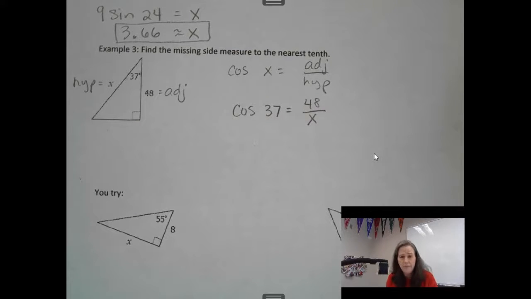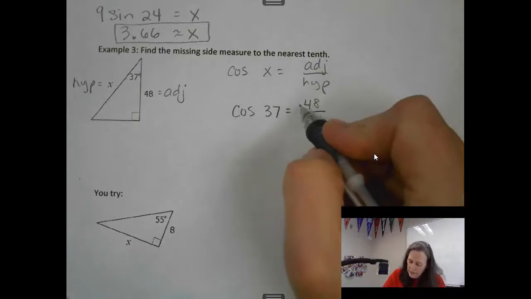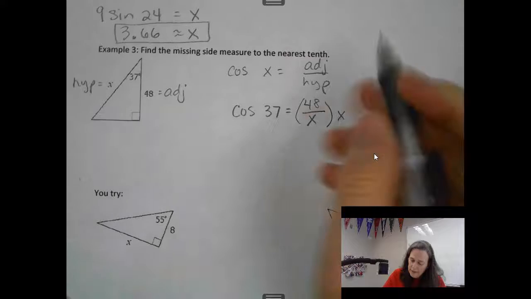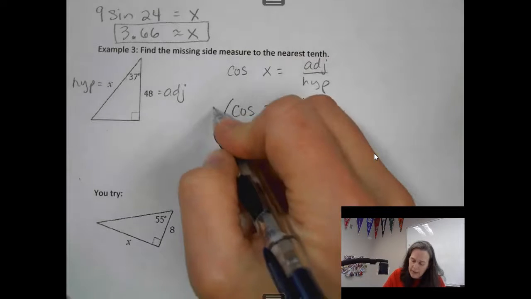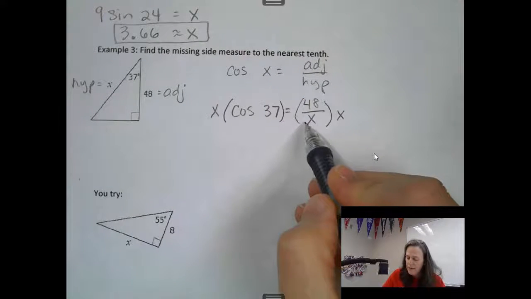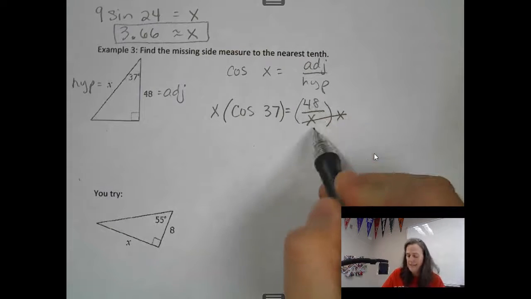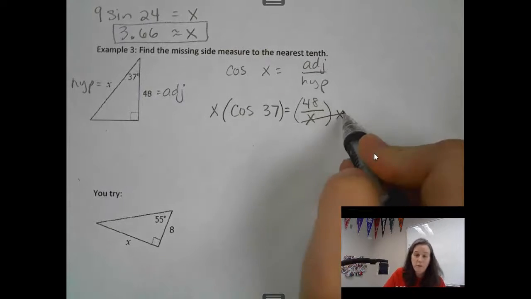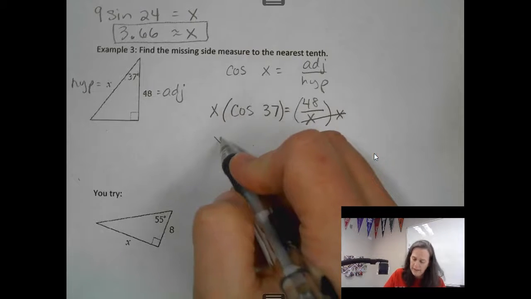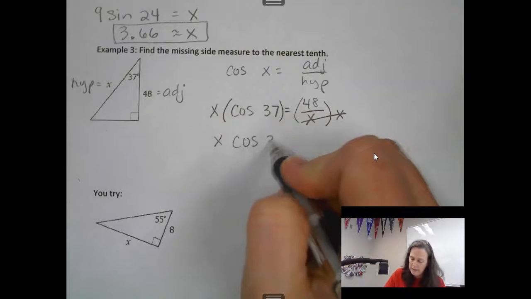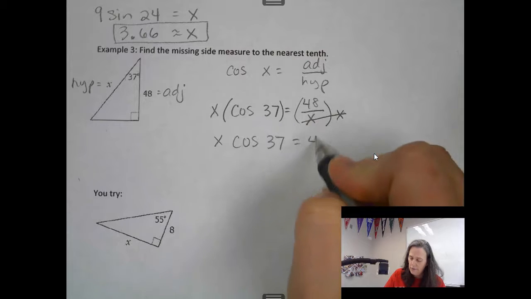He's on the bottom. Yeah, this will be a two-step problem. We need to multiply by x, and in that way, we get him out from the denominator. This is multiplied by x and divided by x, so that's just a 1. Over here, we have x times the cosine of 37 equals 48.